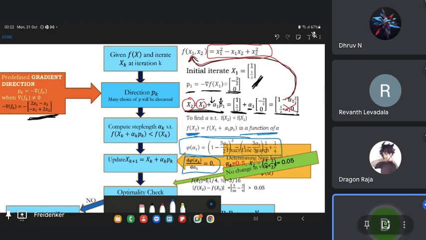Is this a maxima problem? We know it's going to be a minima, because if you're using gradient descent and going in the direction of negative gradient, for sure you will get a lower value. Whenever your first derivative is equal to 0, it can be a saddle point, a maxima, or a minima. In this case, it will be a minima because you're walking in the direction of the negative gradient.